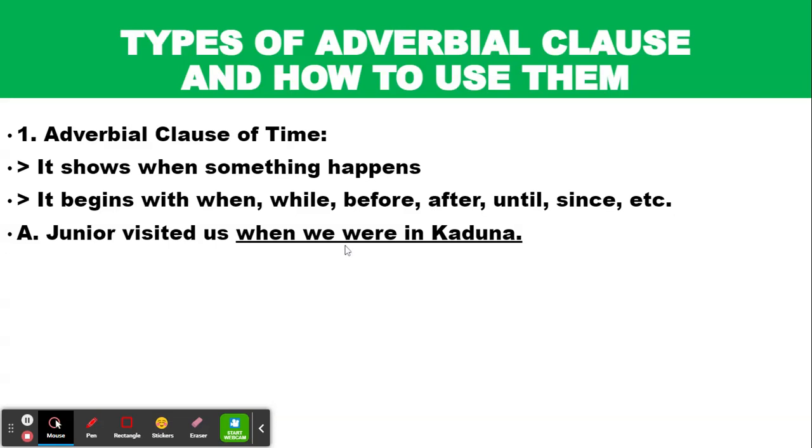We can even replace it with a single word adverb. When did Junior visit us? Junior visited us yesterday. See, yesterday is an adverb. On Monday is an adverb phrase. When we were in Kaduna is an adverbial clause. Okay.